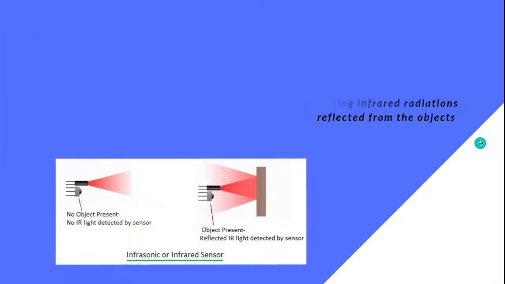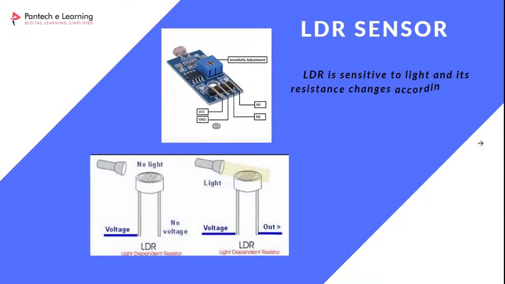Okay. So now let's see LDR. LDR stands for light dependent resistor, also known as photoresistor. LDR is sensitive to light and its resistance changes according to the intensity of light falling on it.